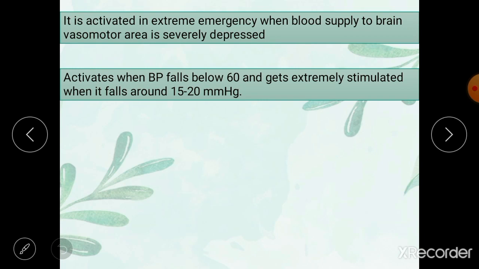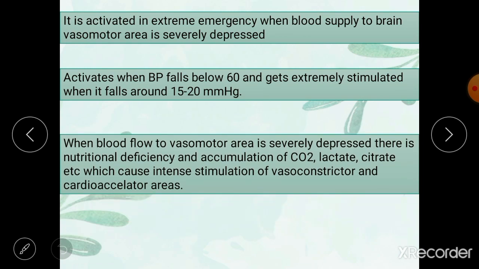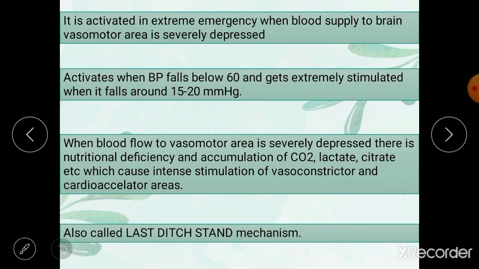It is extremely stimulated or very strong when the arterial pressure falls as low as 15 to 20 millimeter mercury. So it is a very dire situation. If special steps are not taken, this may lead to death. So you can call it your body's last efforts to regain the arterial pressure.